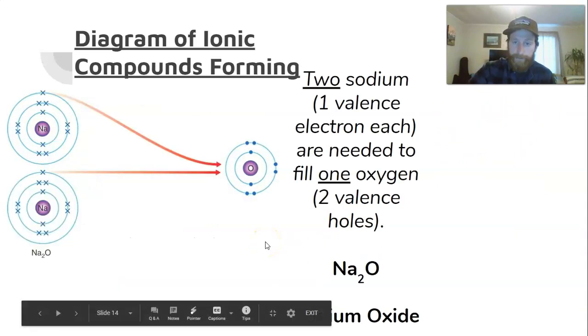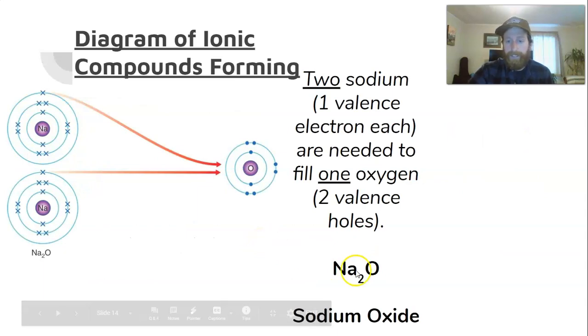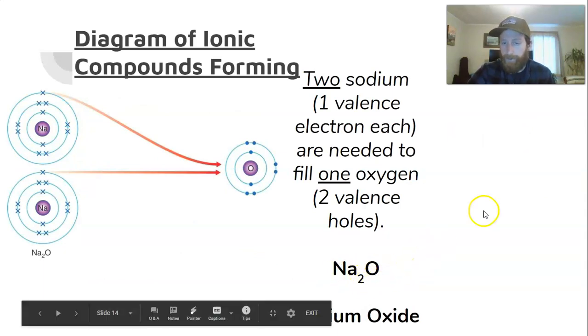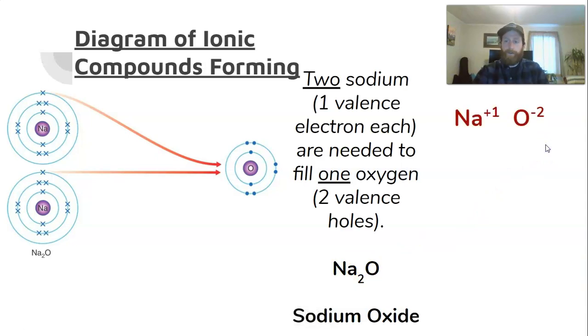Here's another example that we already looked at. We know the formula is going to be Na2O, but here we again write out the cation with its +1 charge. We write out the anion with its -2 charge coming from the periodic table. And I ask myself, is it balanced? And in this case, no, it's not balanced to begin with. Negative has more.